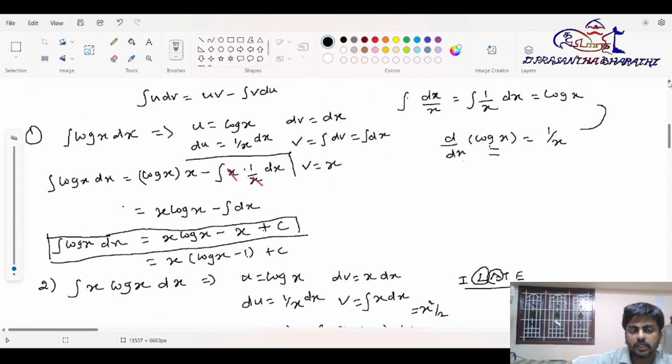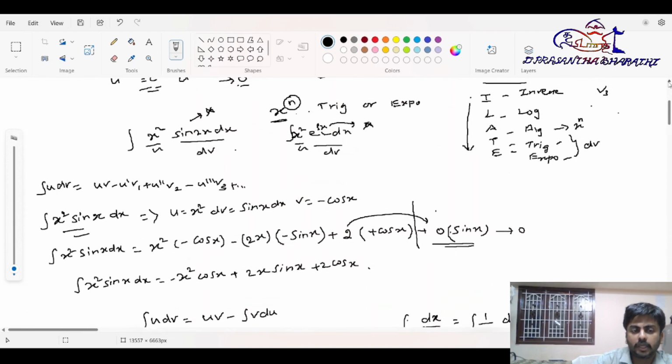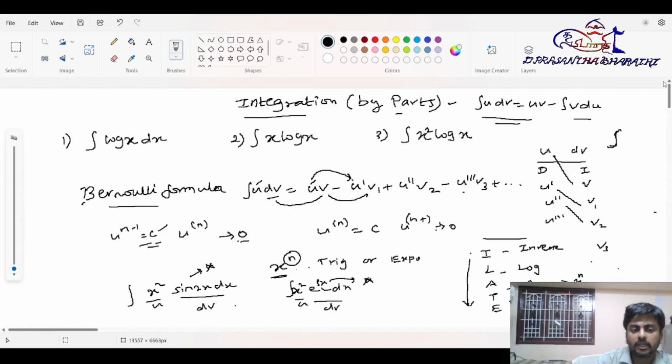In the initial starting time we have seen the Bernoulli's formula. So all these are very important. This will make you understand the difference between Bernoulli's formula and the integration by parts. I hope you have understood what I had taught to you.